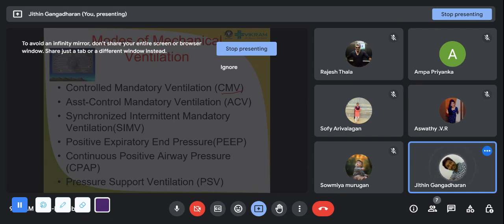This positive pressure is given to patients with atelectasis, in order to keep the alveoli open. Kindly write this down: we give positive pressure at the end of expiration to keep the alveoli open. That is PEEP mode.